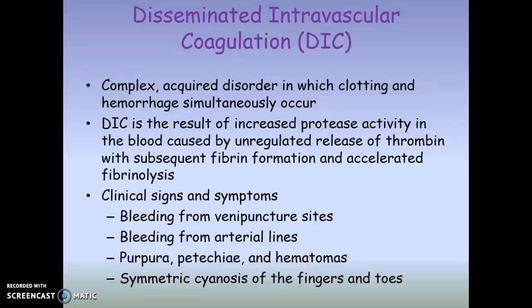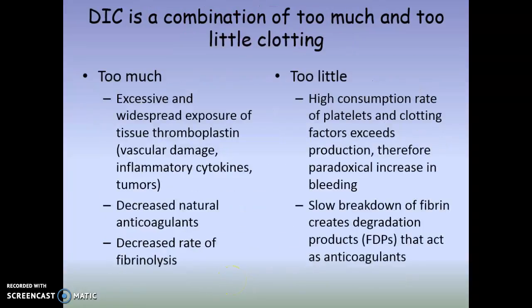All right, so then, end result, you have tissue ischemia and then significant hemorrhaging. All right, so again, it's this paradox, too much and too little clotting at the same time.